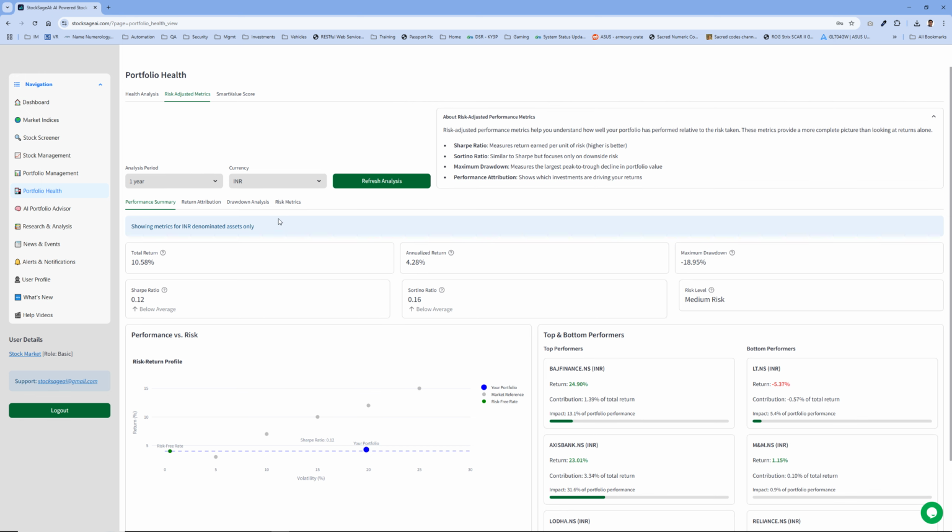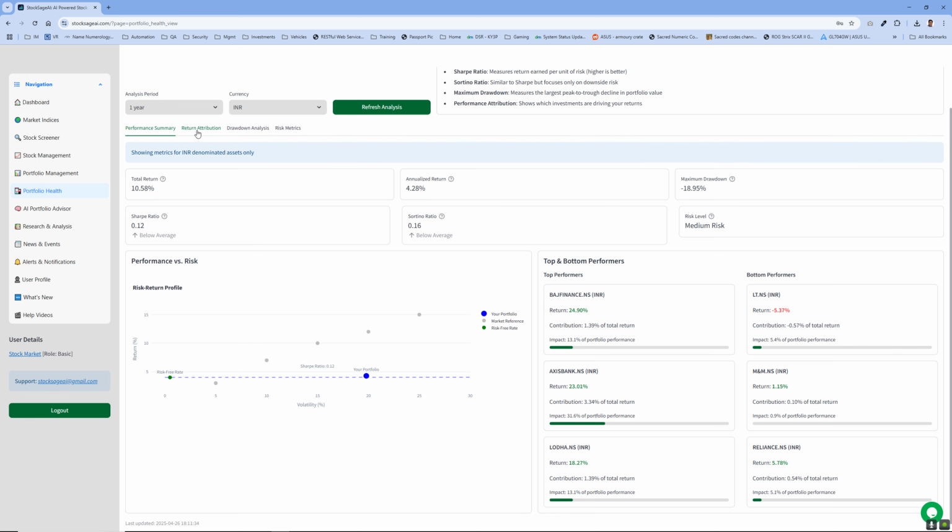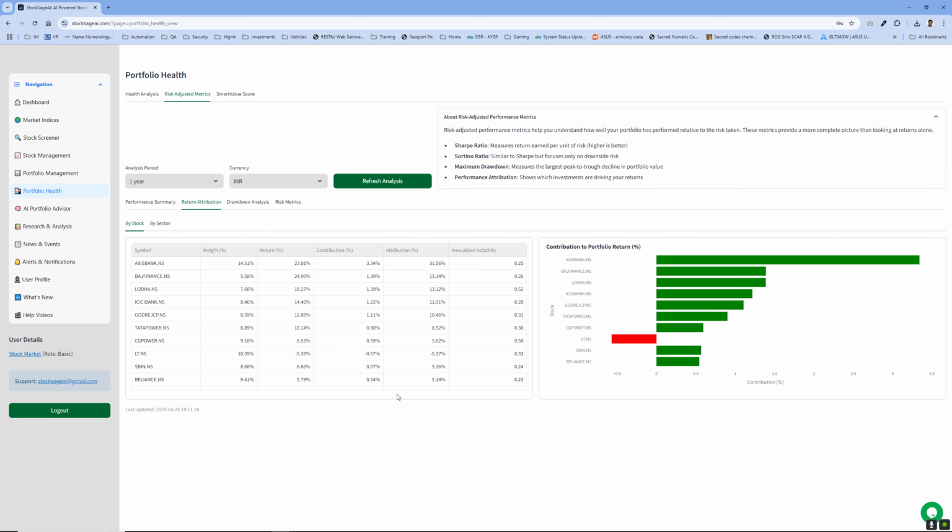Now moving to the next tab, which is the return attribution. Return attribution gives you a view on how each stock is contributing to the overall portfolio return. There could be certain stocks which have a weightage of, let's say, 10% or 12%, and are giving a contribution of somewhere around 20%, 25%.